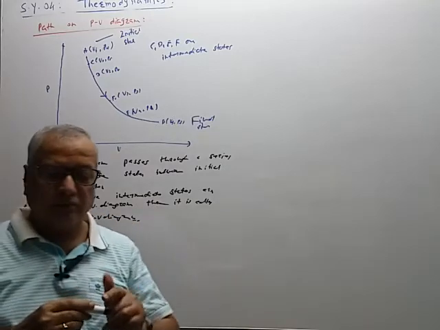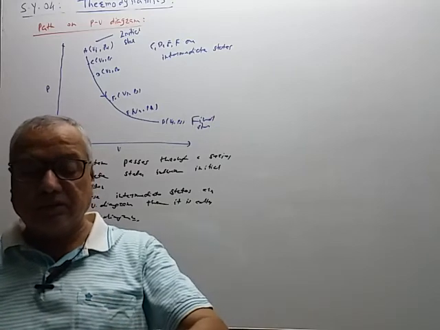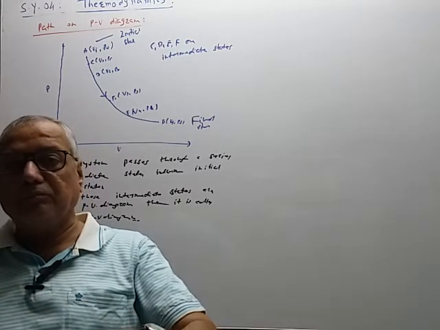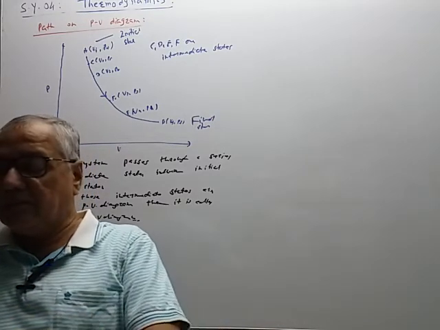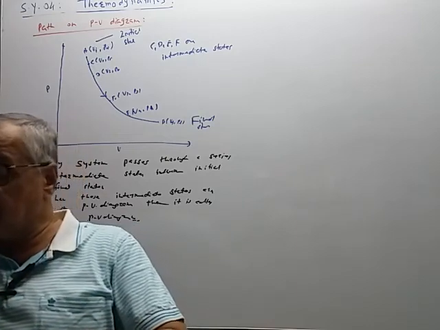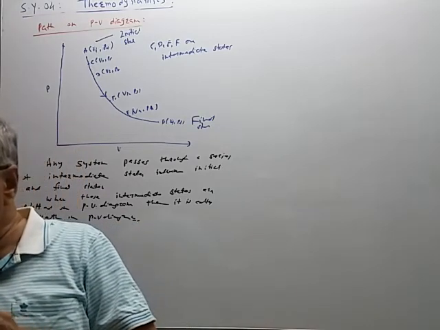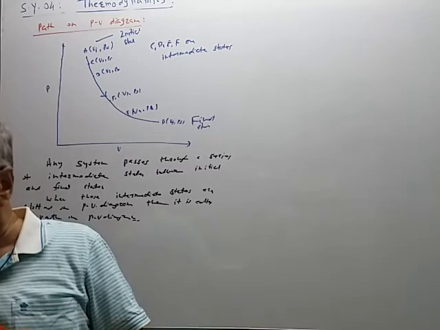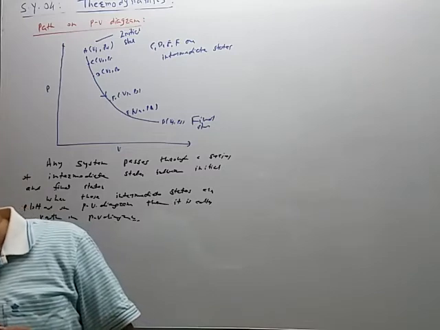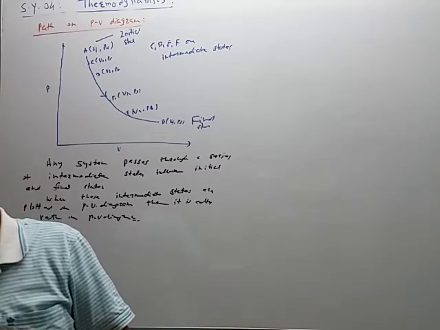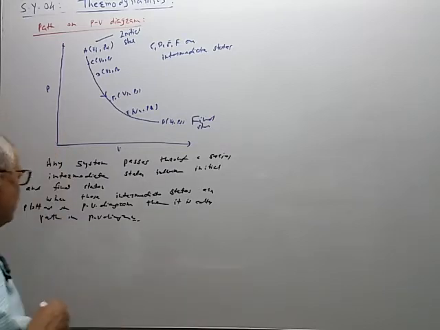What is the significance of this path on the PV diagram? The path represents the changes taking place. It tells us the way a system has gone through the change.